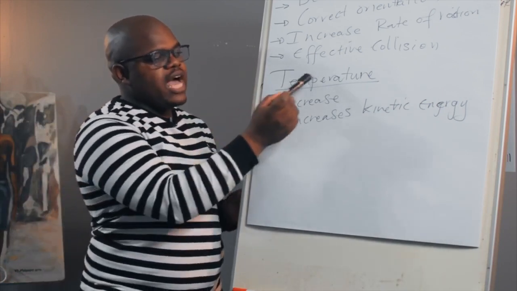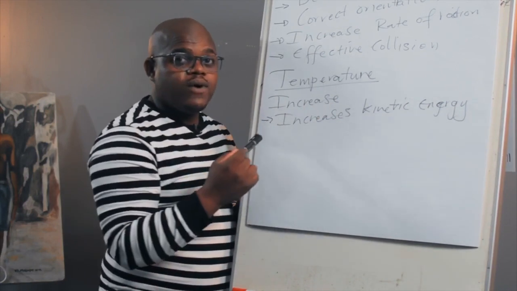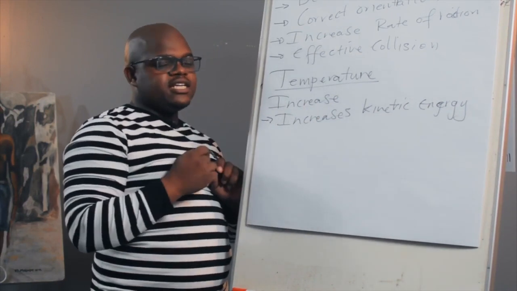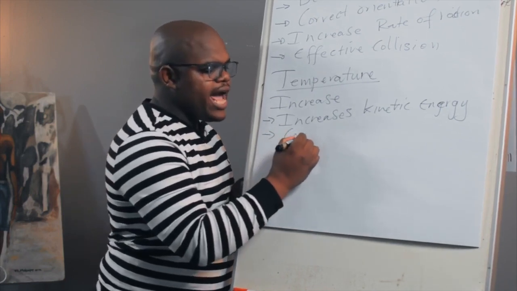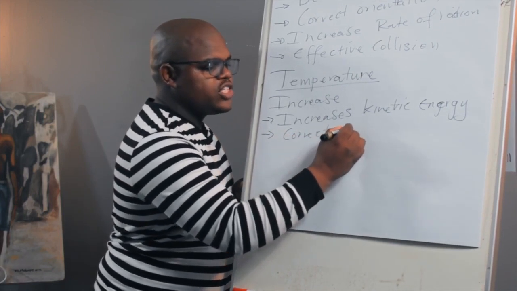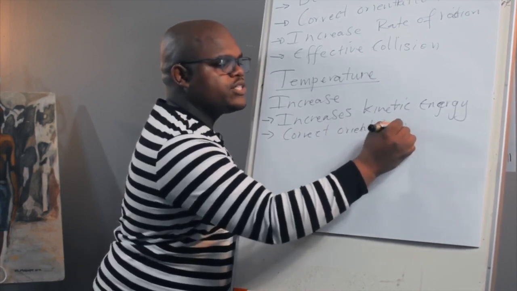So when I increase the temperature, that means I'm increasing the kinetic energy of the particles. When I increase the kinetic energy of the particles, that means there will be a correct orientation.